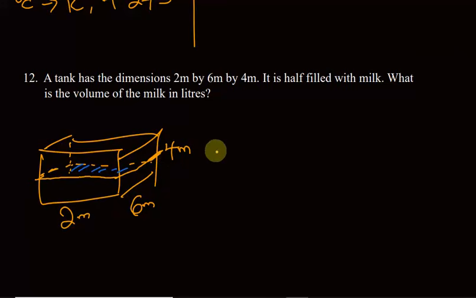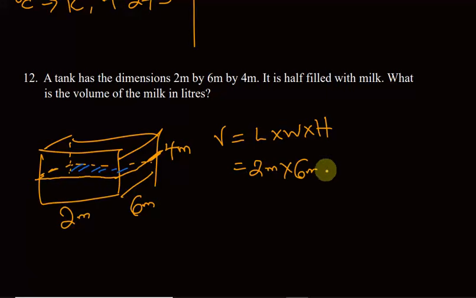To find its volume, the volume of a cuboid is the length times width times height. Therefore, it will be 2 meters by 6 meters, then by, it is half full, so we use 2 meters directly. Therefore, our volume will be 24 cubic meter.